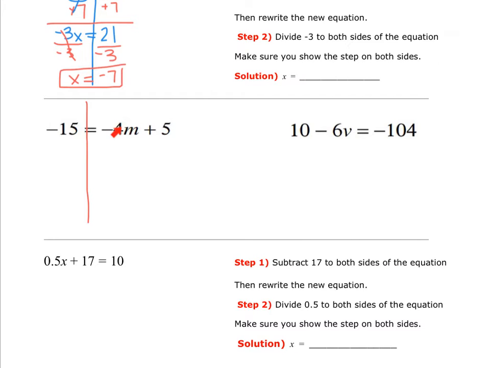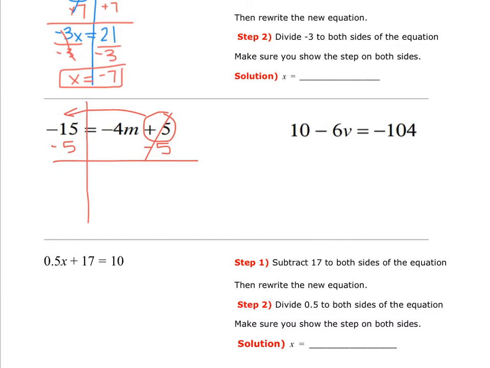So I'm going to look at the number not directly, so the negative 4 is directly with the variable, so it's that positive 5 that we need to get rid of. To do that, opposite of plus 5 or positive 5 is a minus 5 or negative 5. So put that here, both sides. Those will cancel out.